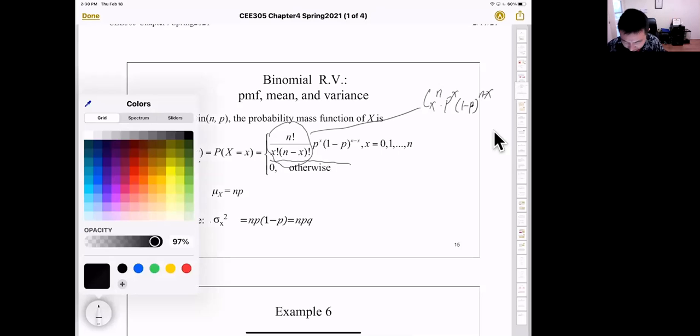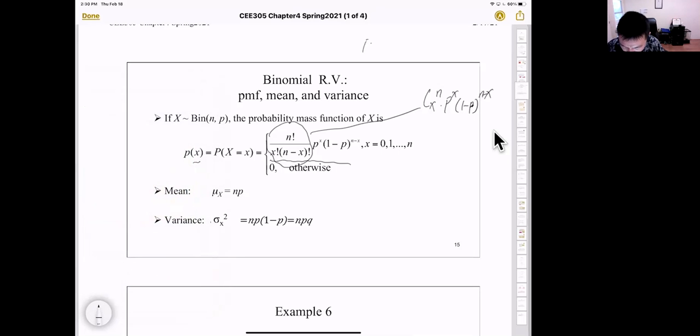So this is based on the counting method.